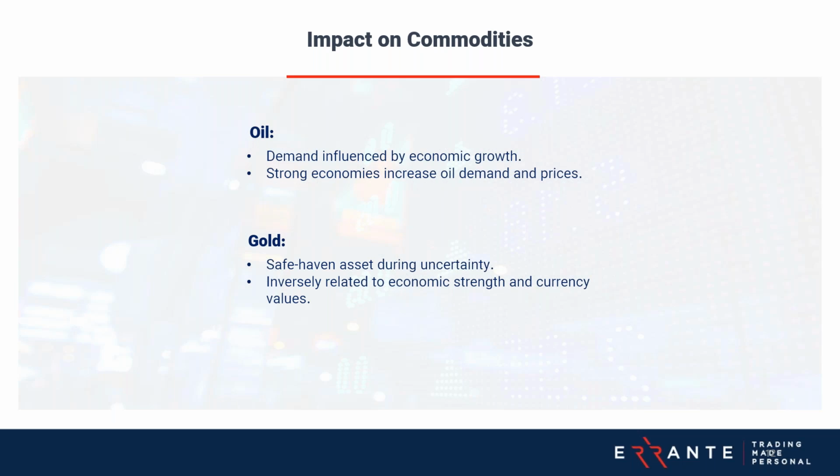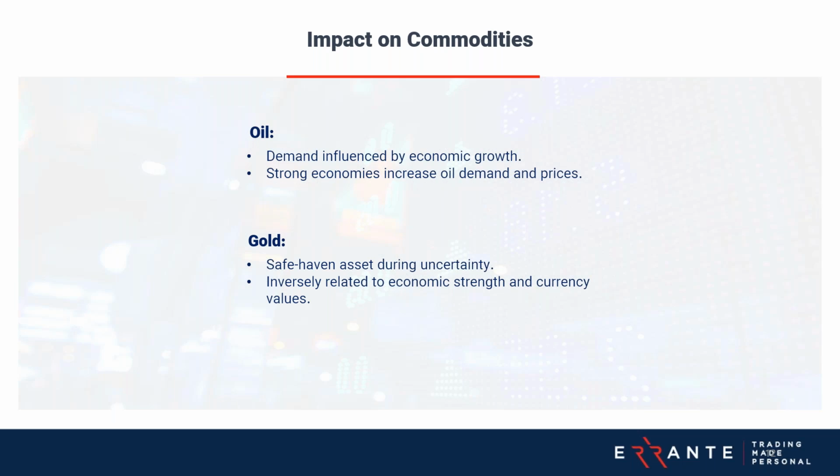As an example, we know during economic downturns or when inflation fears rise, gold prices often increase as investors seek to preserve wealth. And also the transmission mechanisms affecting commodities. First of all is currency movements.